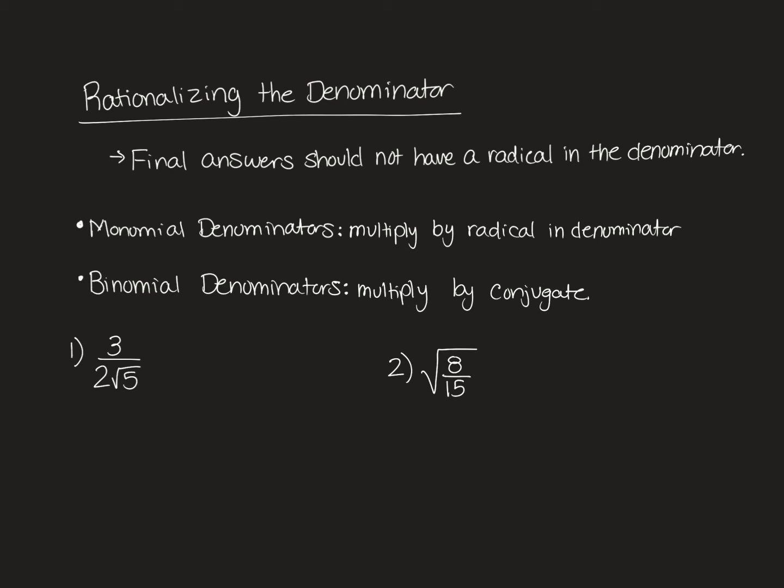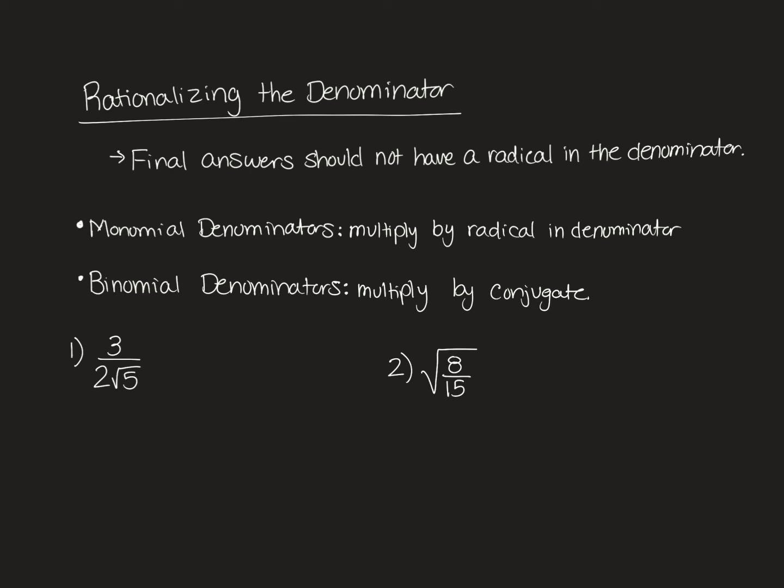Now let's talk about rationalizing the denominator. Whenever you are simplifying radicals, your final answer should not have a radical in the denominator. That's like ending a sentence without putting a period. It's not mathematically correct. So there are two ways to do this. If you have a monomial in your denominator, meaning you just have one term, you're going to multiply by the radical in the denominator.